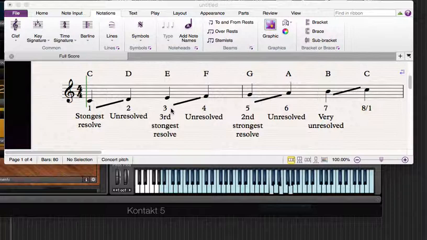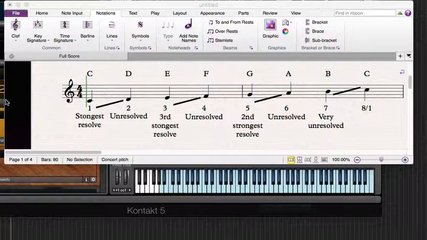So in a C major chord triad, if we break it down, you can see the piano roll below. We've got C, which is the 1. We've got E, which is the 3. And we've got G, which is the 5. Now, if you understand this concept, 1, 3, 5, that spelling of the triad chord, then this becomes super easy. This diagram becomes very digestible.